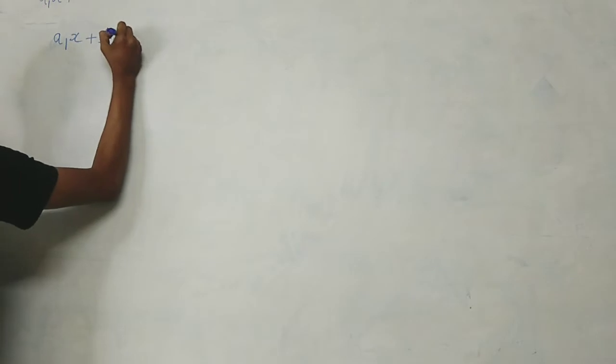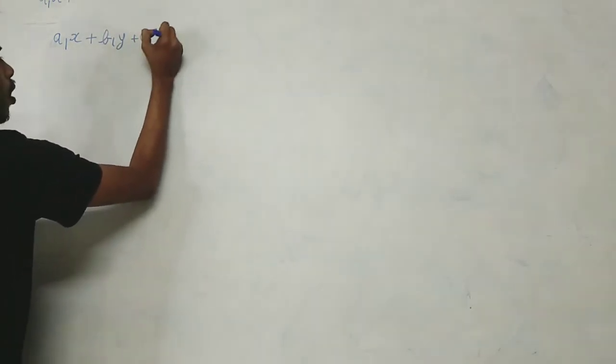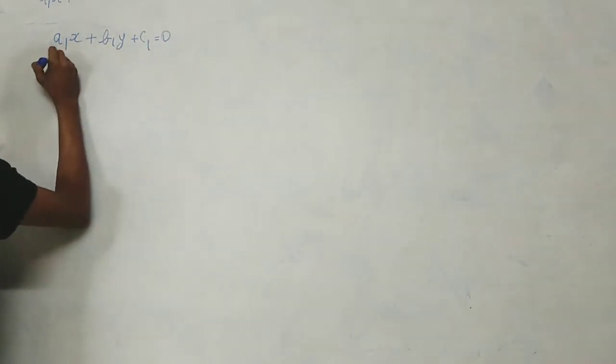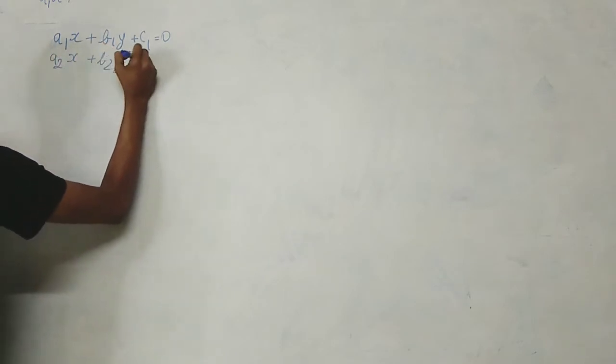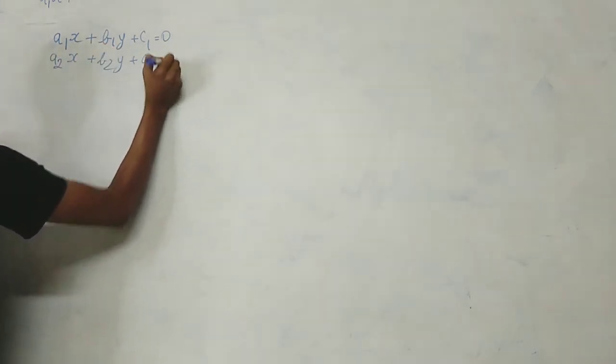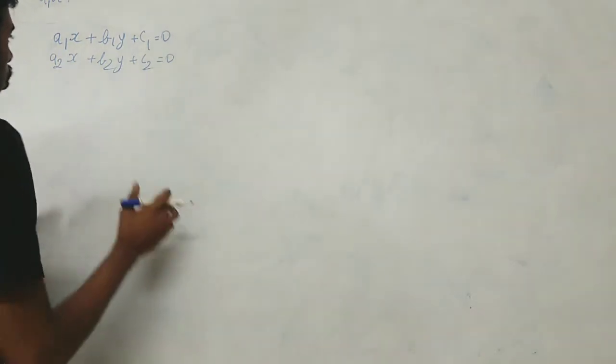Whenever we have the equations a1x plus b1y plus c1 is equal to 0 and a2x plus b2y plus c2 is equal to 0, this is the pair of linear equations.